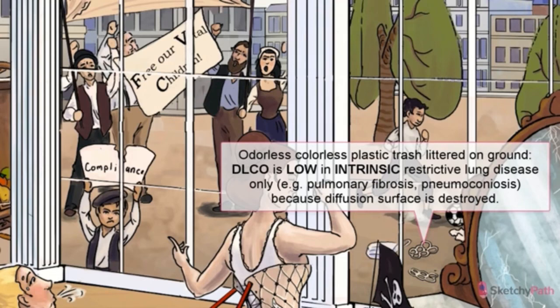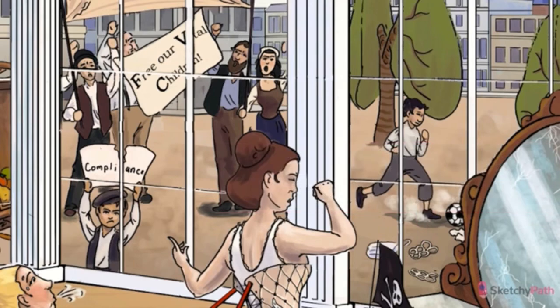At Sketchy, colorless, odorless, yet very hazardous carbon monoxide gas is embodied by those colorless, odorless, annoying soda can rings that evoke the image of trapped hemoglobin. And since DLCO is low for those intrinsic disorders we can see through the window, we've placed that carbon monoxide trash low in the scene, discarded and littering the ground. Yeesh, pretty dirty out there.